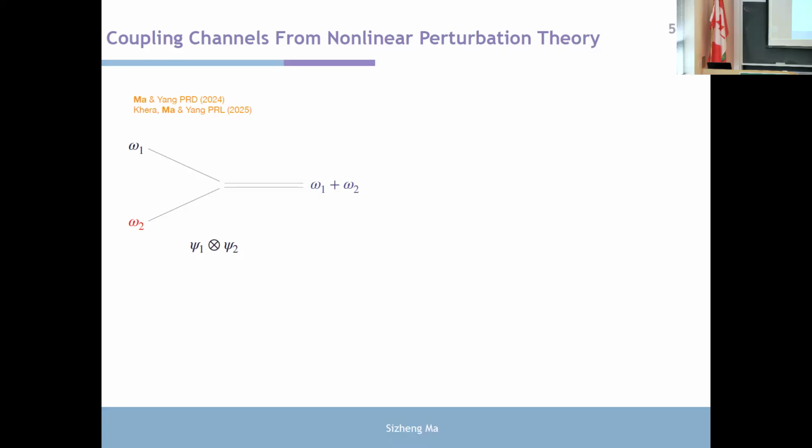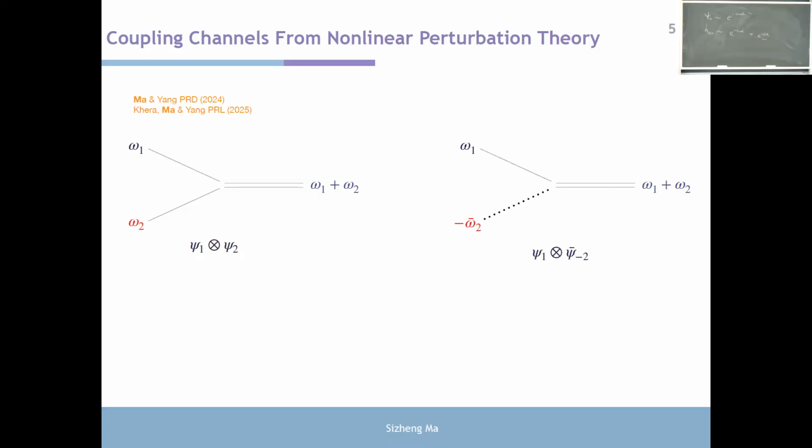So here, let's imagine we have a third parent mode, psi minus 2 bar, whose frequency is at minus omega 2 bar. Here, the bar means complex conjugate. Notice that this psi minus 2 bar is a different parent mode from psi 2. It represents an independent quasi-normal mode.